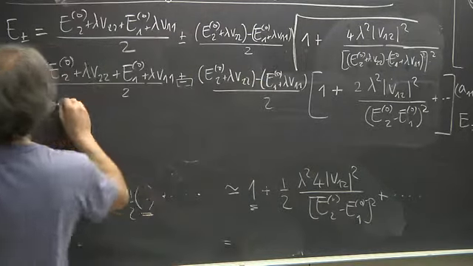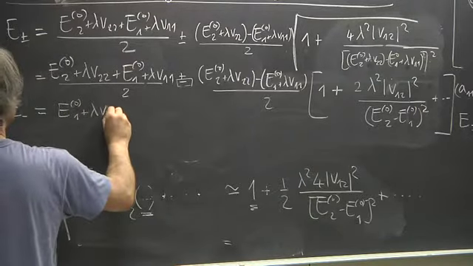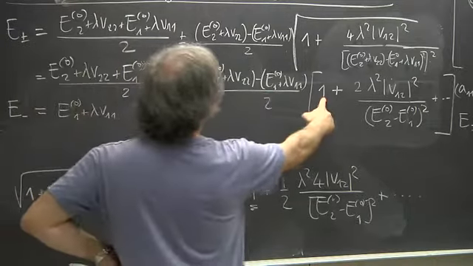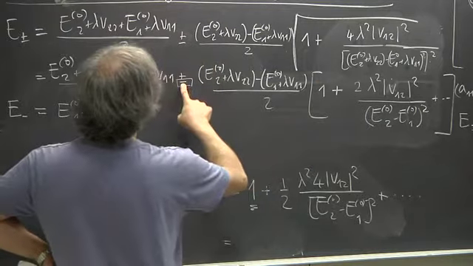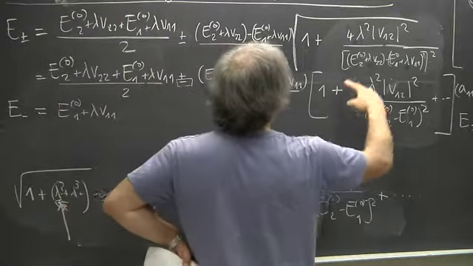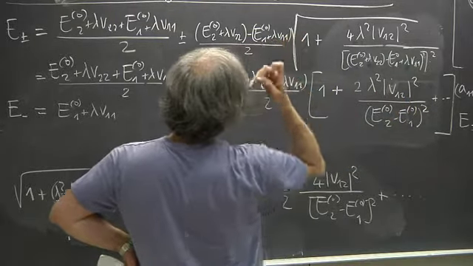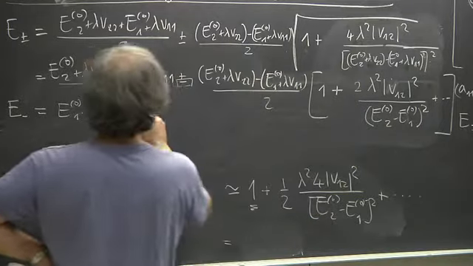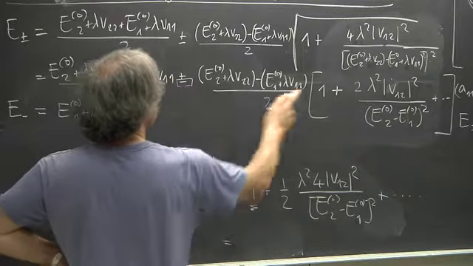So it is equal to E01 plus lambda V11, from the 1. But now I also have to include minus this thing here, and you see immediately that the 2 and the 2 cancel.